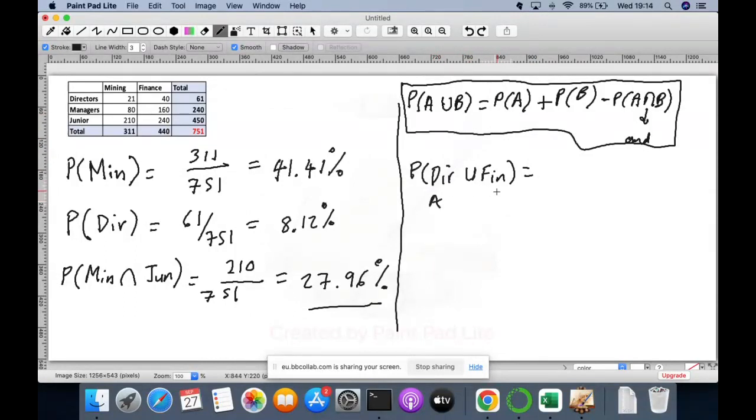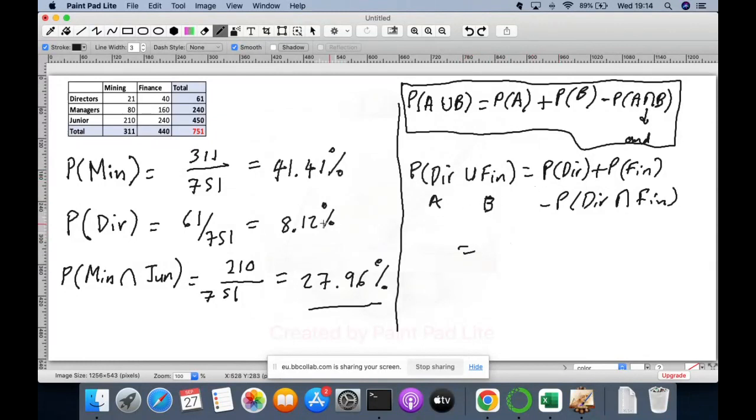So all you have to do is substitute director for A and finance for B. That becomes probability of director plus probability of finance minus probability of director and finance, intersection.